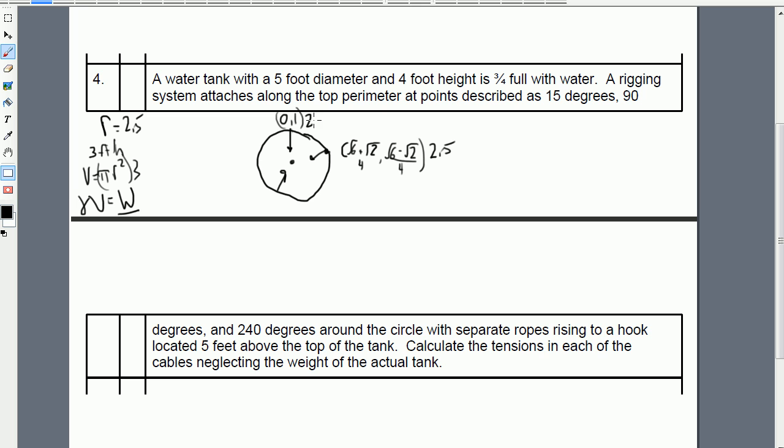Multiply that by 2.5. And here, you're at 240, which is 60 degrees down, which is the same as 30 degrees here. So you're going to look for the 30-degree value, but you're going to flip them. The 30-degree value, so you're going to say 1/2. And the x, it's a minus, and minus the square root of 3/2. And that's also going to be multiplied by 2.5. So you've got coordinates of that point, and that point, if you would.